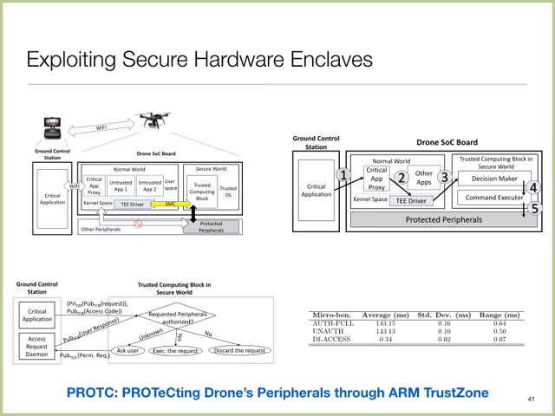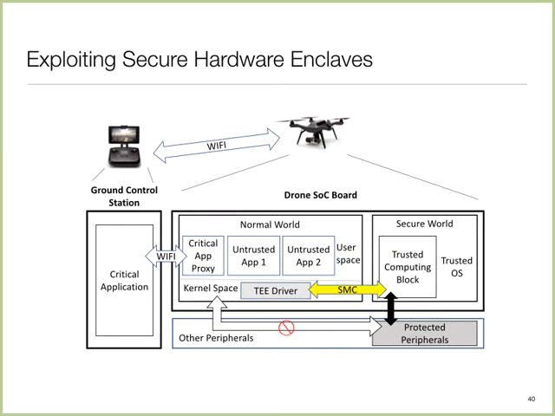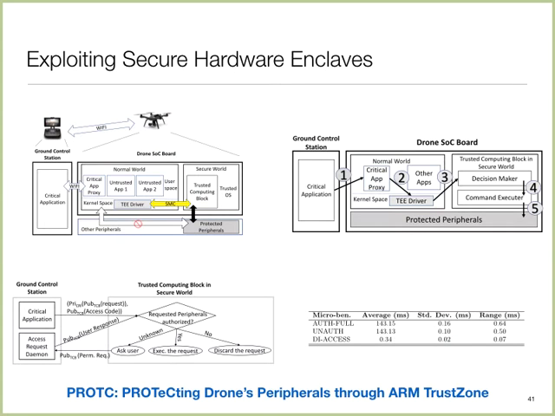These secure hardware enclaves can be exploited in a variety of ways. One example, the drone project, which one of my students did a few years ago, dealt with the issue that a lot of these drones now have third-party apps that you run, and these apps issue actuation commands.